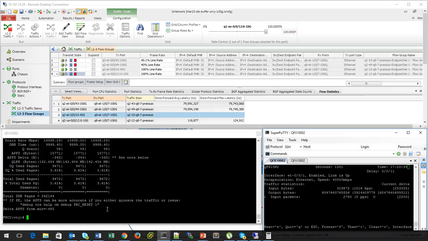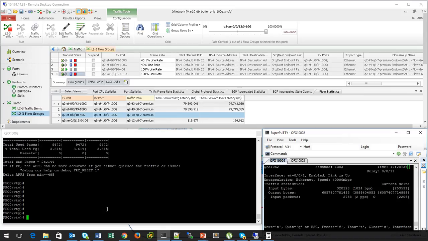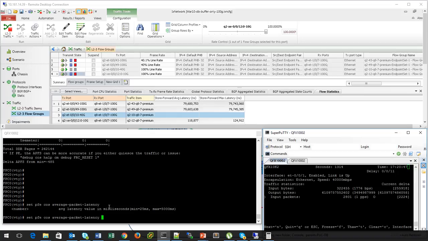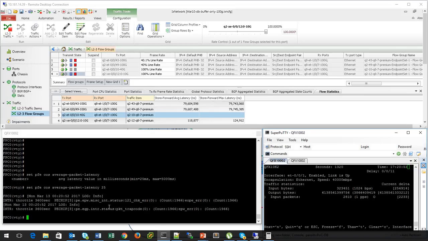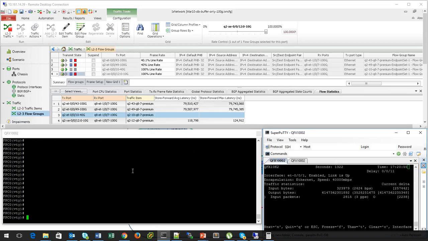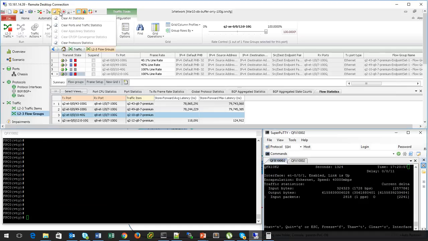Also, another interesting command is that I can say keep the latency in check. Let's put some number like 25 and see what happens.